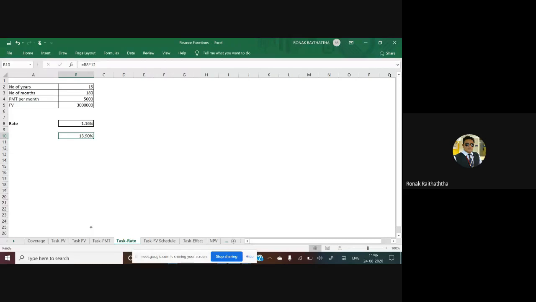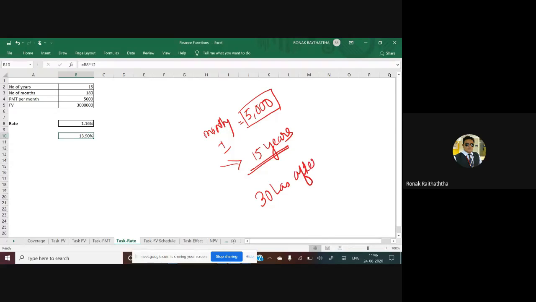So it is a monthly investment of 5,000. And that fellow wants to do this investment for the next 15 years. Now he wants 30 lakhs rupees after 15 years.